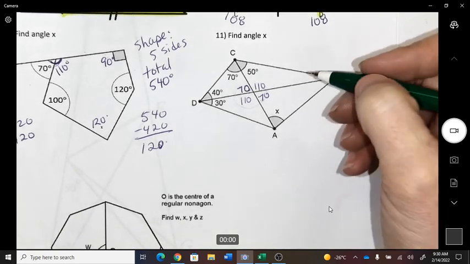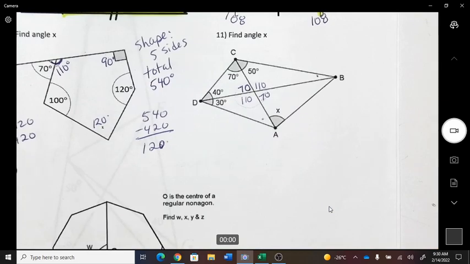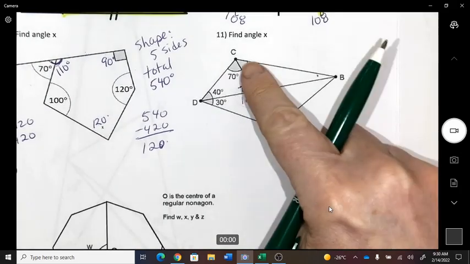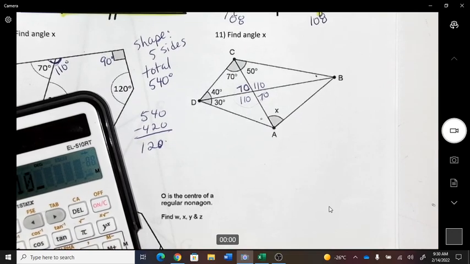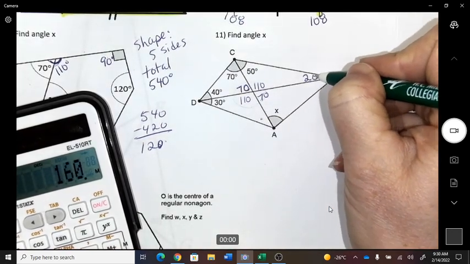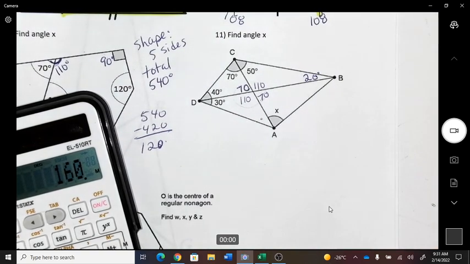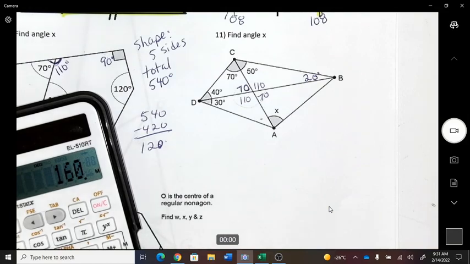Okay, so let's go with the corners of those triangles. So 50, 110, and what? So 20 is left in that. And then here, 110, 30, and?